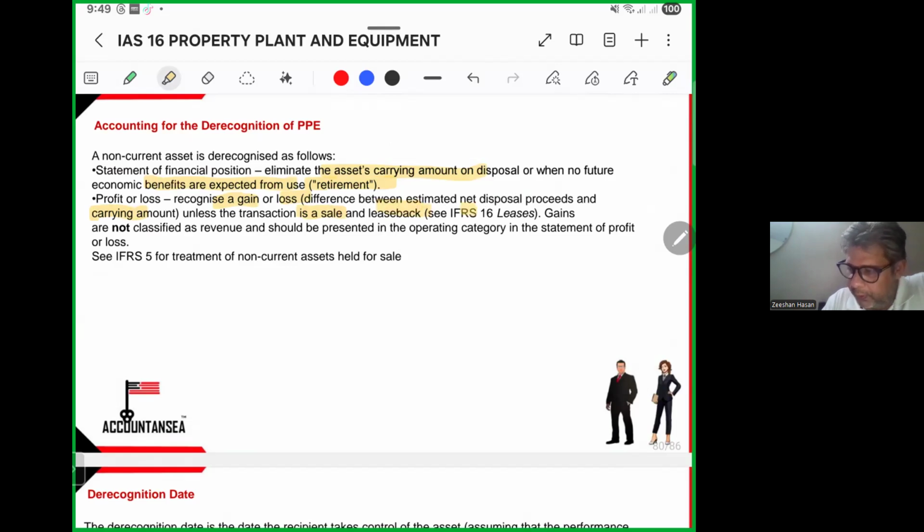Okay, so for that we will do IFRS 16. Gains are not classified as revenue and should be presented in the operating category of the statement of profit or loss. And for that we will do IFRS 5 for the treatment of non-current assets held for sale.